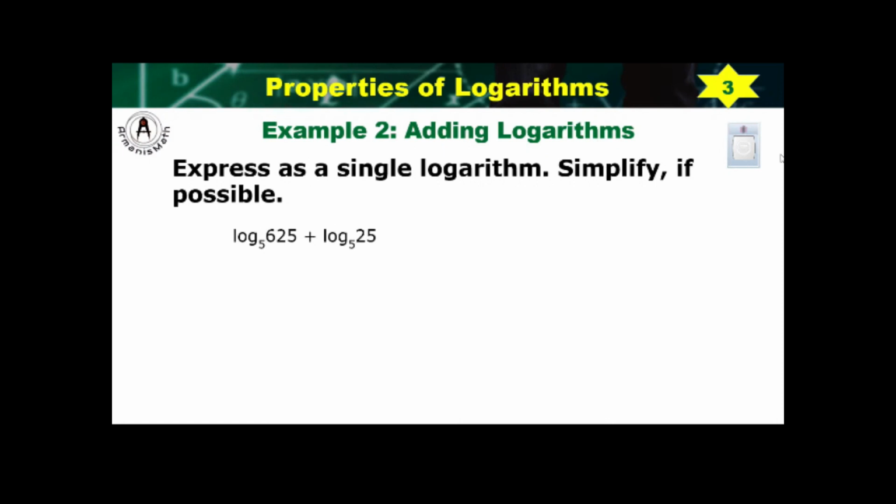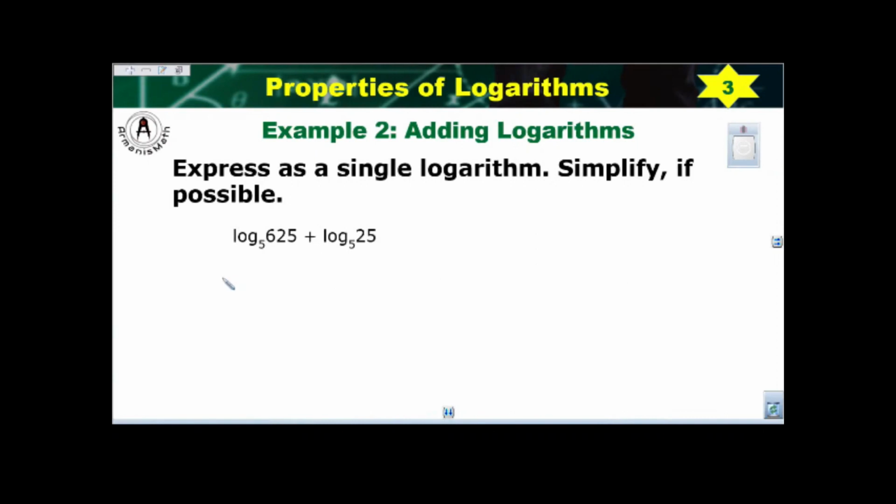Perhaps the first one that comes to mind is to multiply first, so let's take the traditional route. It's going to be log base 5 of 625 times 25, a humongous number, so if you have a calculator, tab into that. Somebody find us this humongous number.